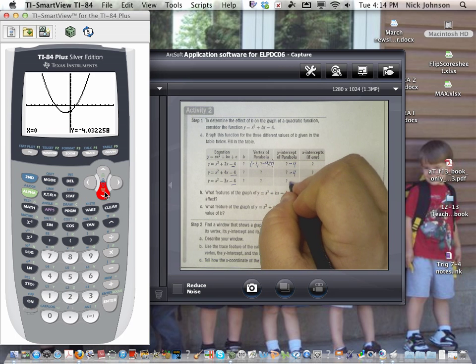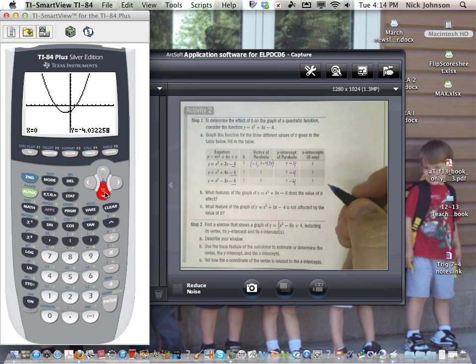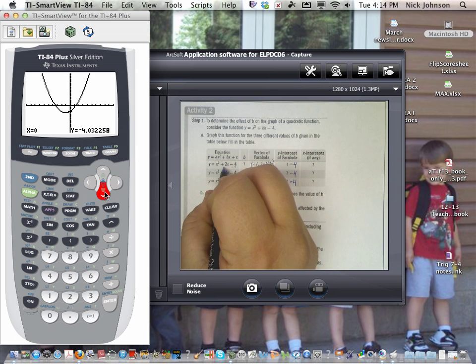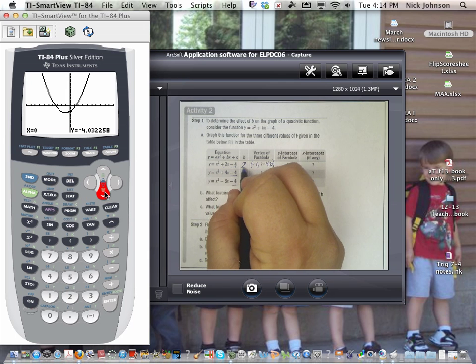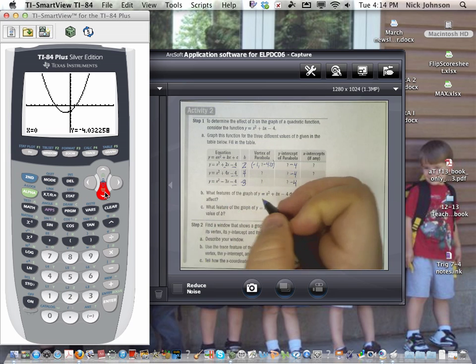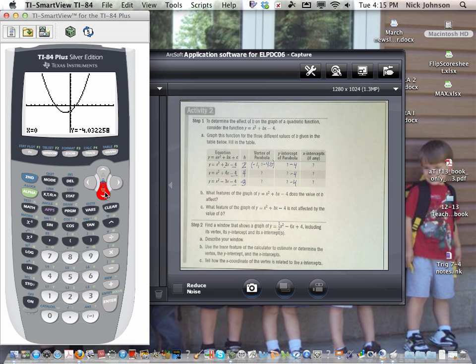Okay? And this tells me what my c is, this right here. So all these are going to be -4. Okay? My b in this case is 2. That's that number right there. So this one's 2, this one's 4, and this one is -3.